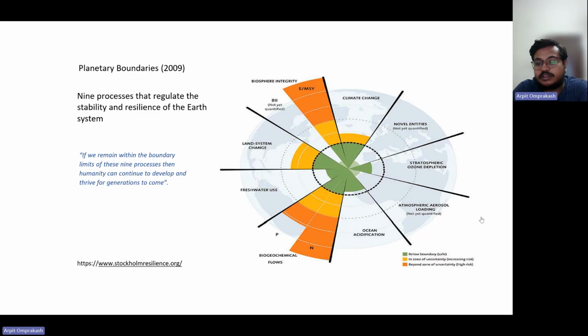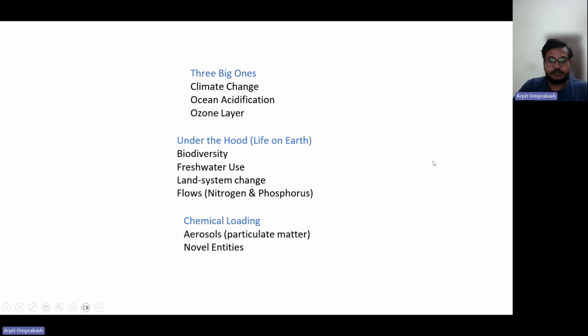And then if you move further, you get to the red part, which is beyond the zone of uncertainty. So now there's a very high risk that this Earth has changed in this regard, and it will be very difficult for us to predict what is going to happen, or deal with it.